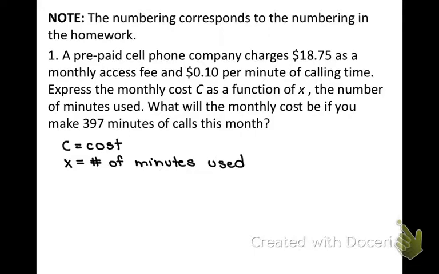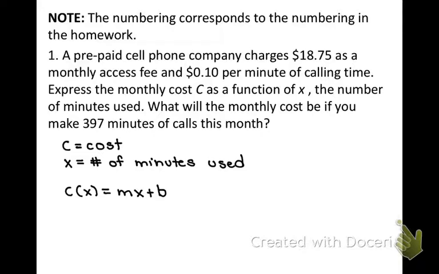It says express the monthly cost C as a function of x, the number of minutes used. So since C is a function of x, we're going to be looking at C of x equals mx plus b. So I'm using that generic y equals mx plus b, but I've gone ahead and replaced that y with c of x because we have that notation.